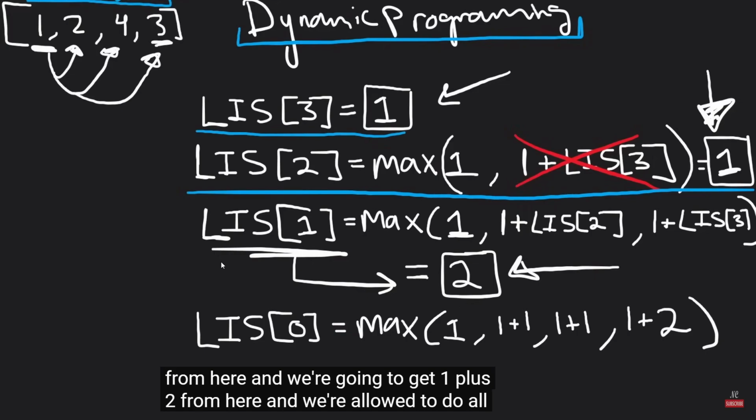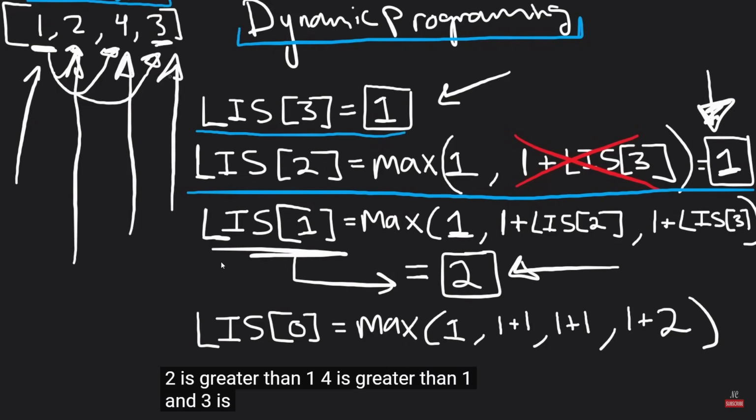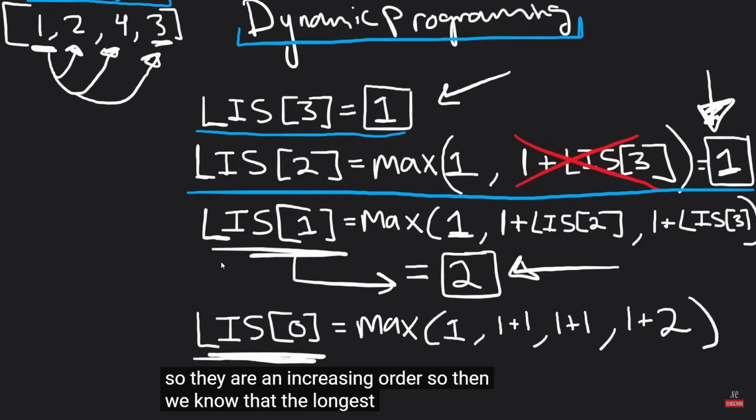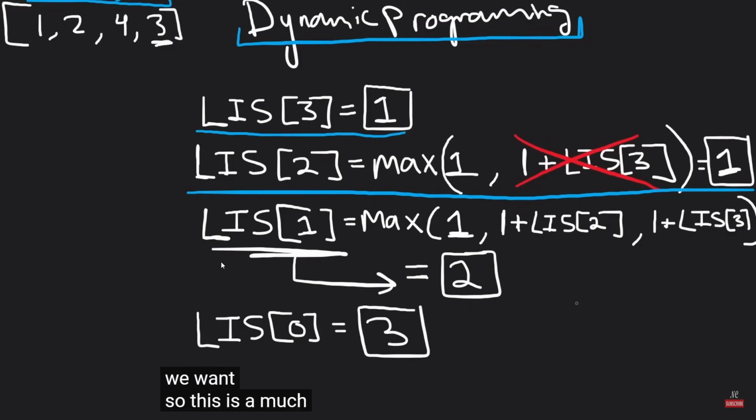And we're allowed to do all of these because you notice 2 is greater than 1, 4 is greater than 1, and 3 is greater than 1, so they are in increasing order. So the longest increasing subsequence of this is going to be equal to 3, which is what we want.